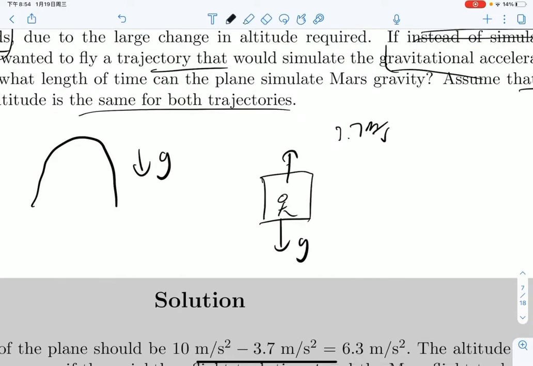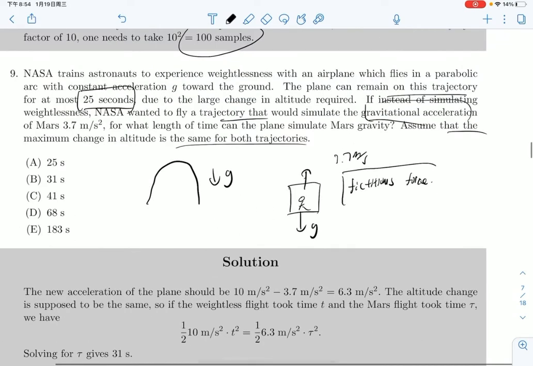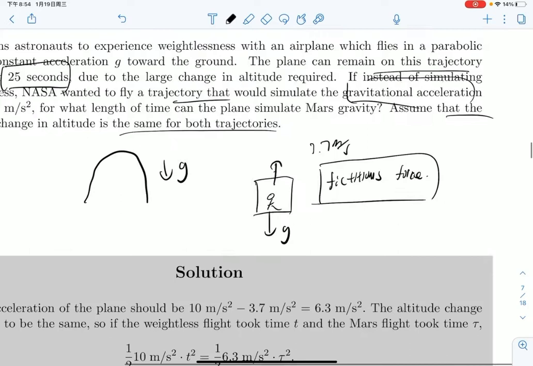So first you need to know fictitious force. And if you don't know this concept, you need to search it out. It's really important. This is very important.